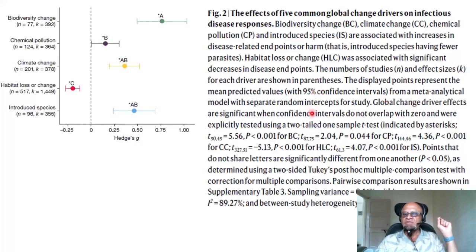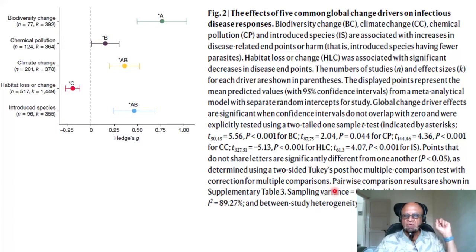The displayed points represent the mean predicted values with 95% confidence level from a meta-analytical model that separate random intercepts for the study. Global change drivers effect are significant when confidence intervals do not overlap with 0. So here you are just outside 0. If you go across 0, then you don't have any significance, and none of these do that.